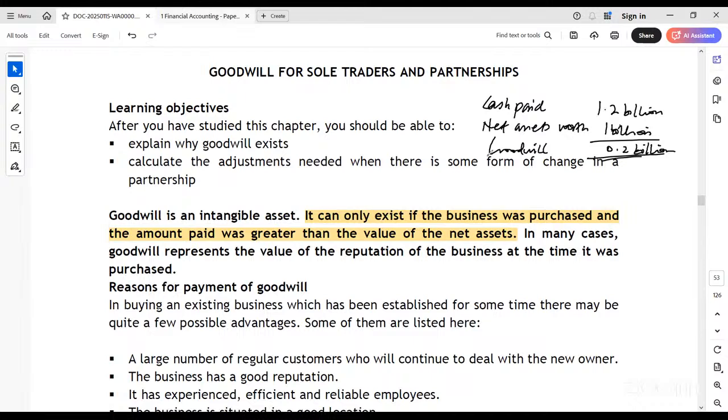If you pay 1.2 billions, but the net assets are worth 1 billion, it means that the excess is what we refer to as goodwill.